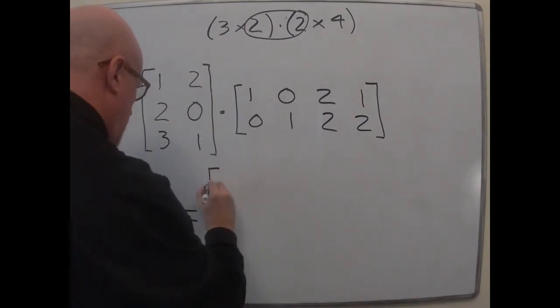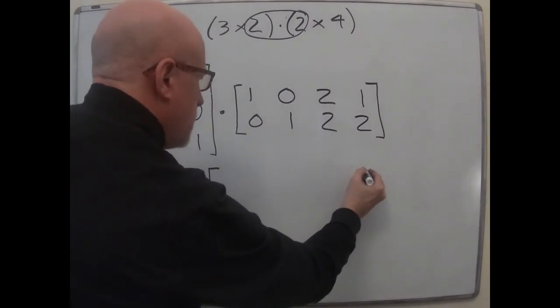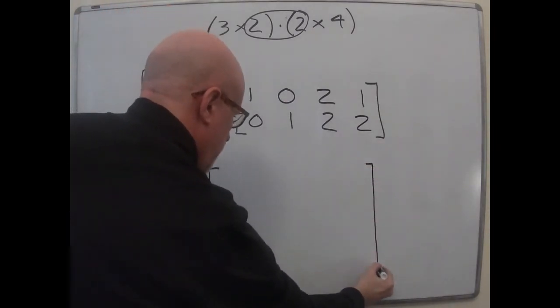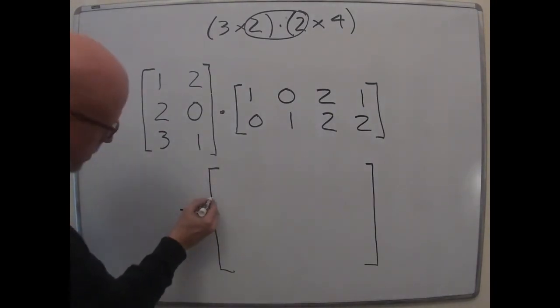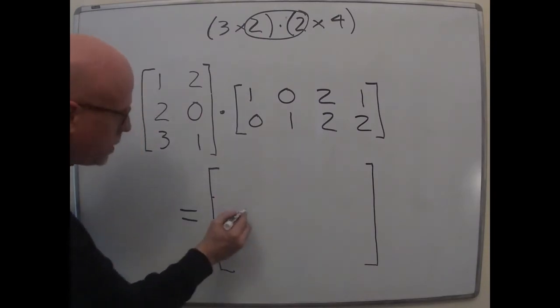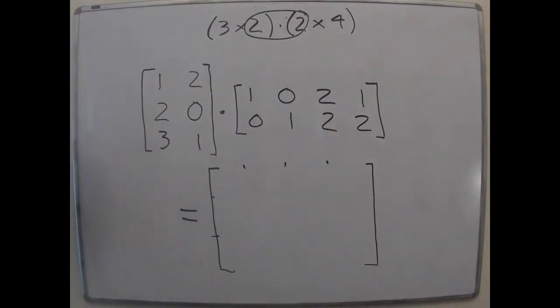I'm just going to make a big enough table that I can put in, what did I say, 3 rows and 4 columns. I'm going to make some little marks so I keep everybody lined up, because that's hard for me to do sometimes.